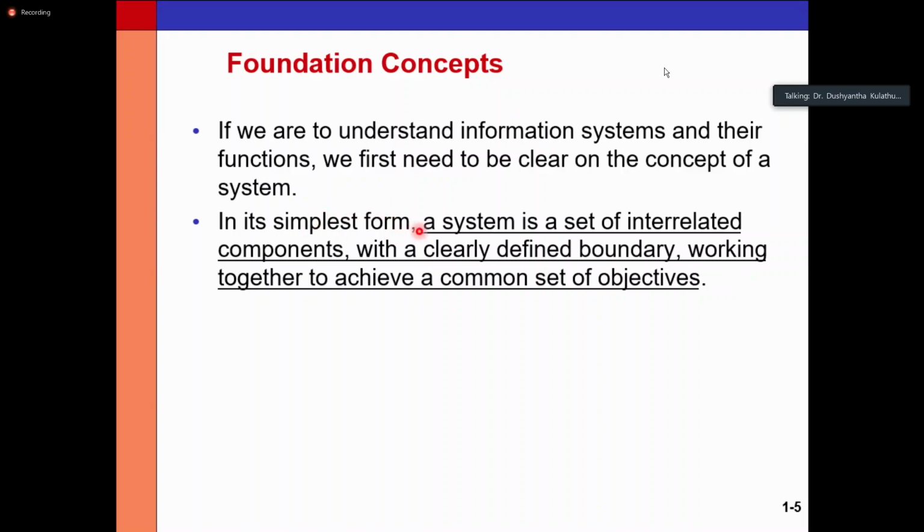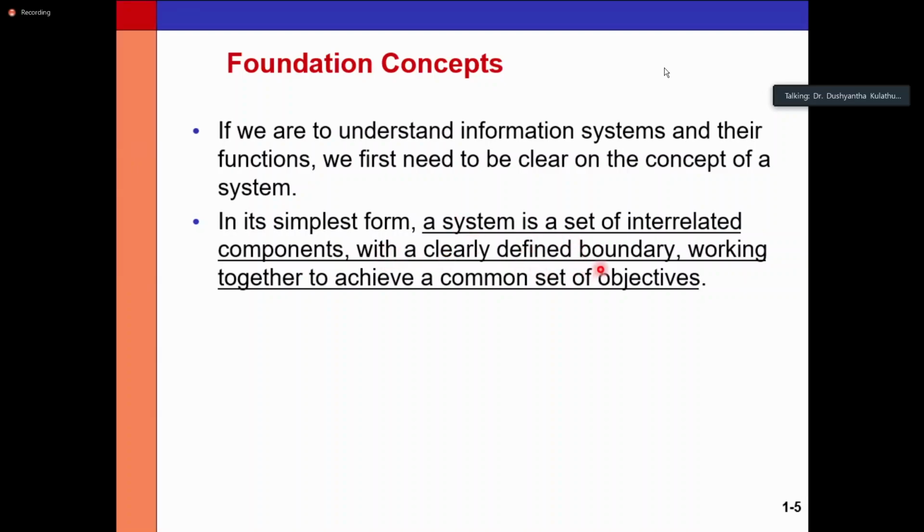In its simplest form, a system is a set of interrelated components. This is one important aspect: a system is always a set of interrelated components. There will be basically two or more components included in a particular system. If there are not two or more components, it cannot be considered a system.